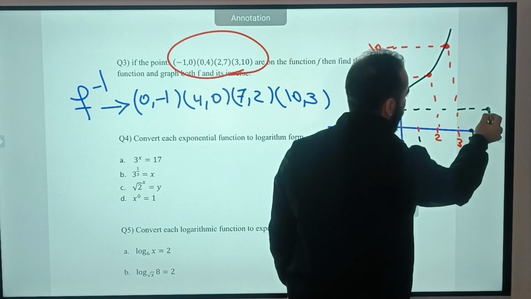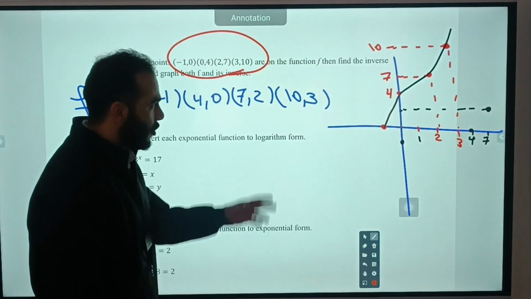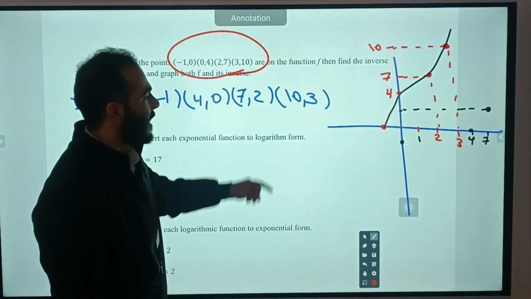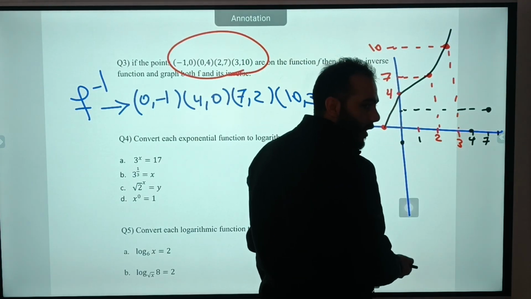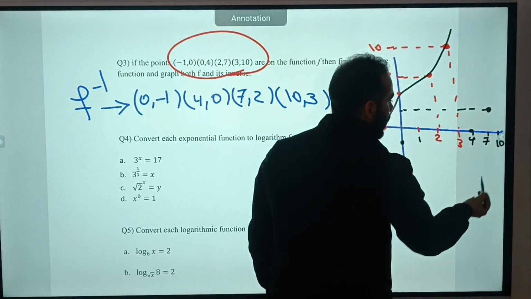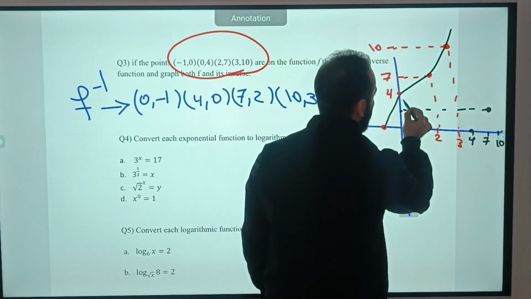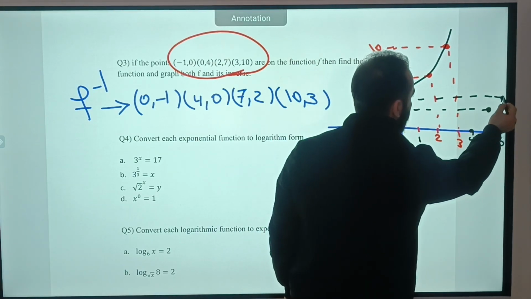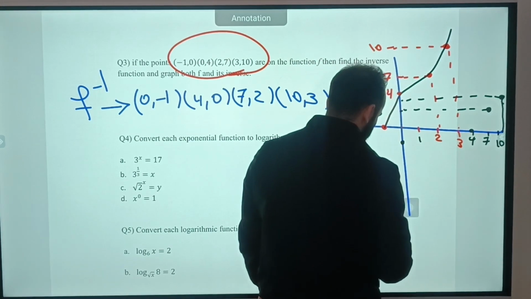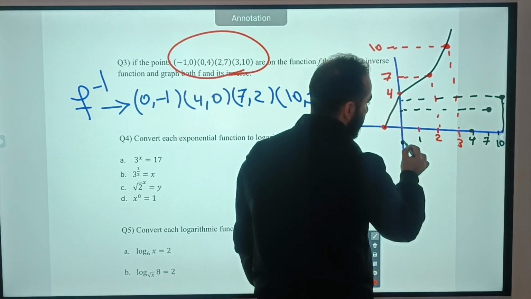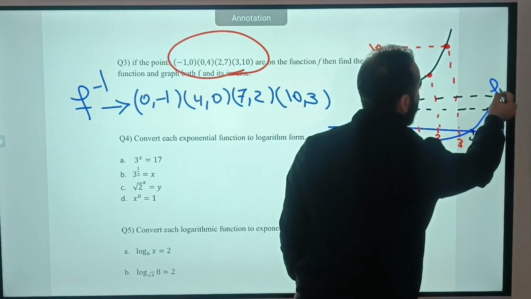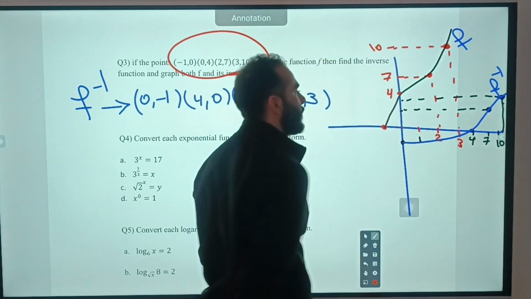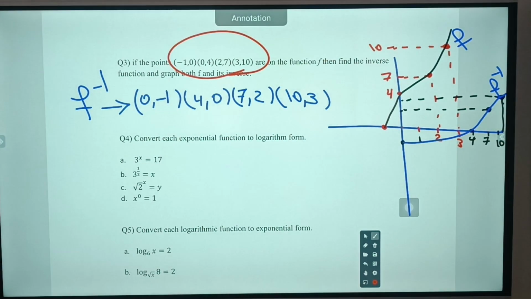So the point is almost here because of not having enough space. How about 10 and 3? Imagine here is 10, and for 10 we have 3, so 3 is over here. The graph would be something like this. That is the graph of f inverse. Here is the graph of f. Got it? Inshallah you got it.